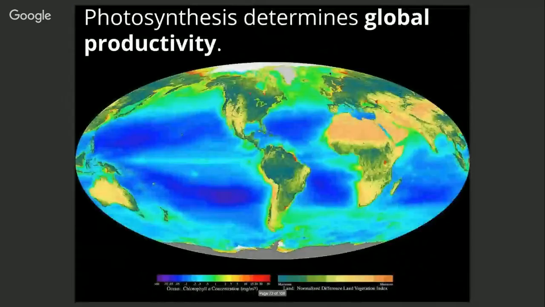Does that make sense? One other thing we can talk about here is that photosynthesis is really determining global productivity. And what we mean by that is that the amount of photosynthesis that takes place in a particular environment is determinant as to how much other living stuff can be in that environment, because producers, plants and photosynthetic prokaryotes and protists in the water, these are really the base of any ecosystem.